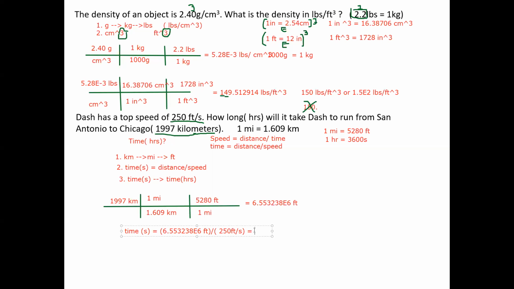We get 26,212.95 seconds. So in step 2, we found out how many seconds it takes Dash to run from San Antonio to Chicago.